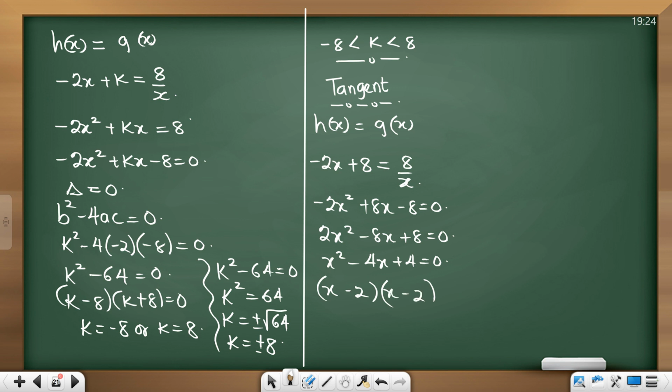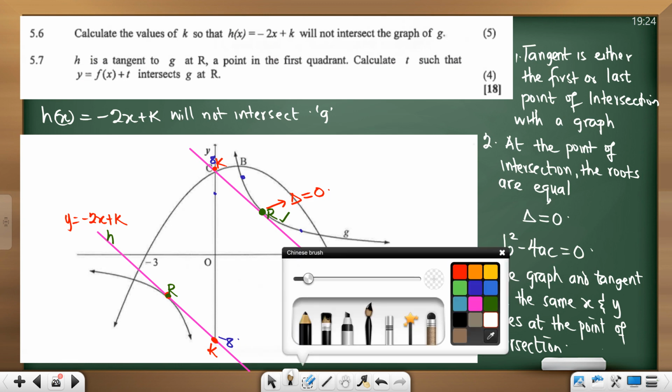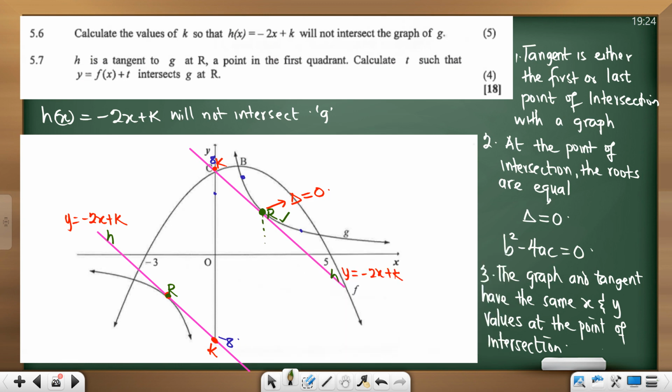Notice if you don't know how to factorize, maths is going to be a problem. x equals to what? 2. Makes sense. The x value at that point is 2. It makes a lot of sense.